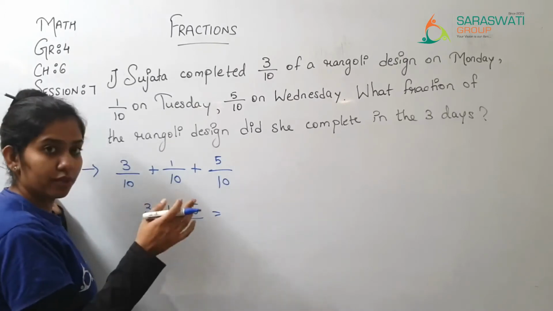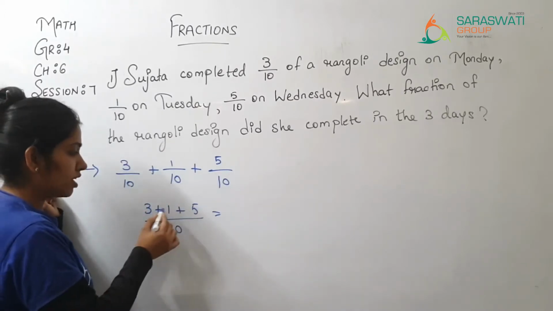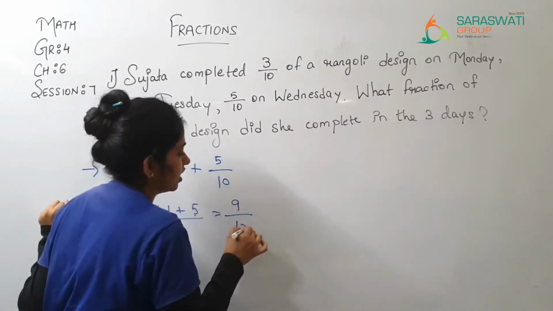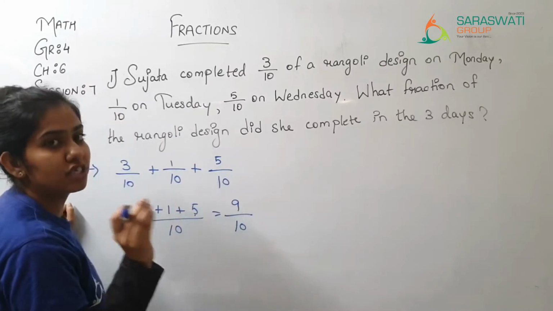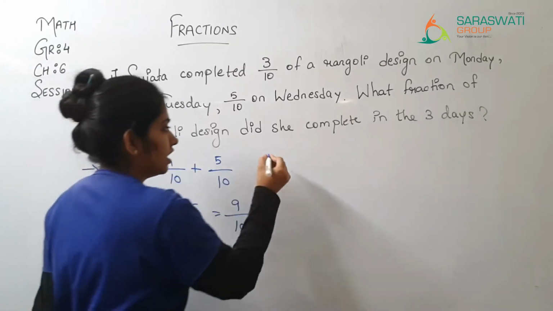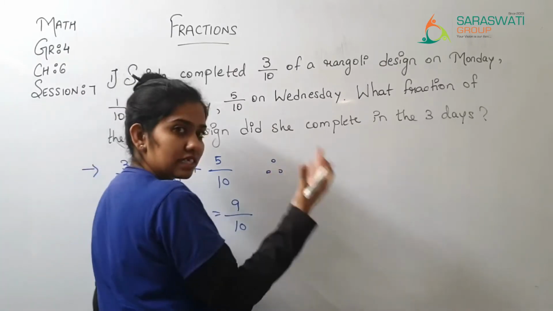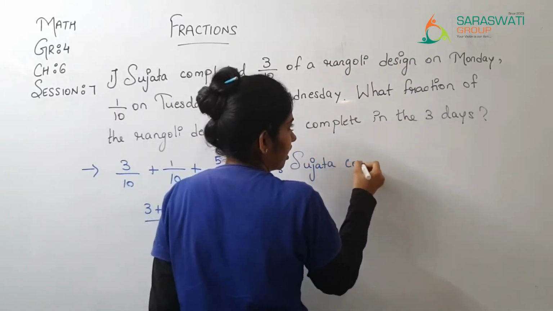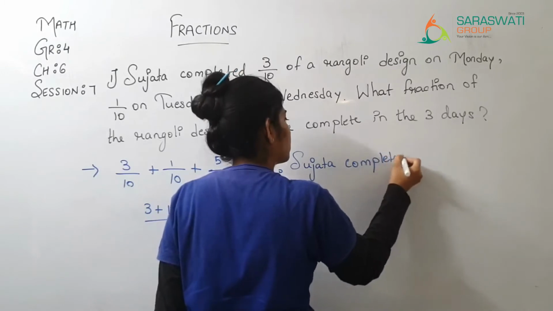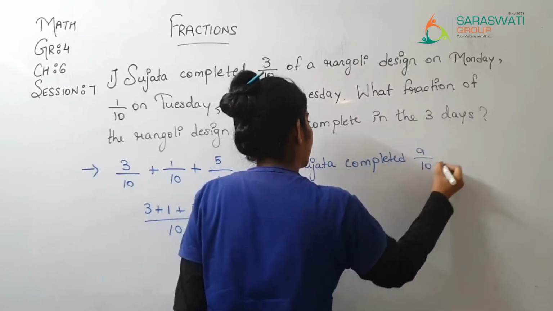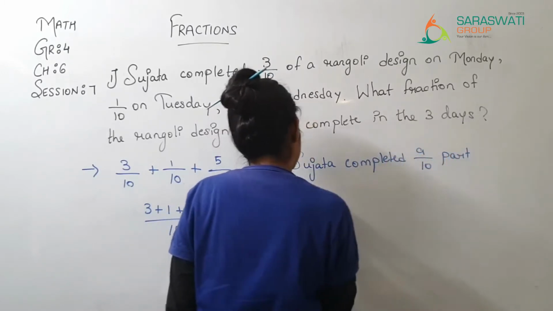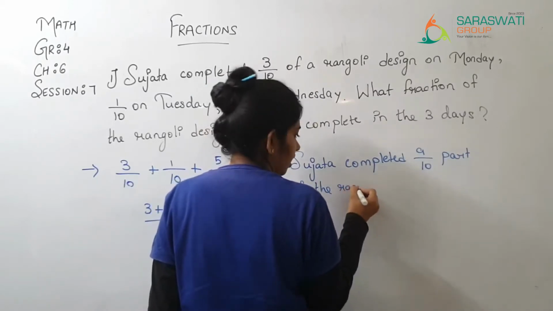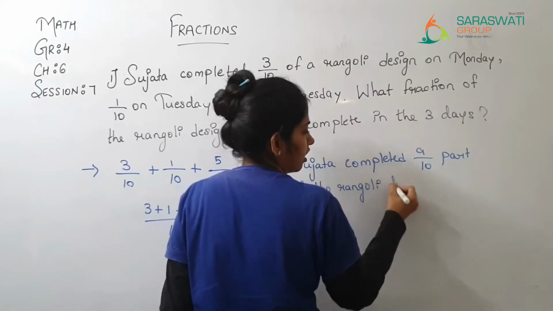It is a like fraction. 3 plus 1, 4. 4 plus 5, 9. So Sujata completed 9/10 part of the Rangoli design. So you can also write the statement that Sujata completed 9/10 part of the Rangoli design.